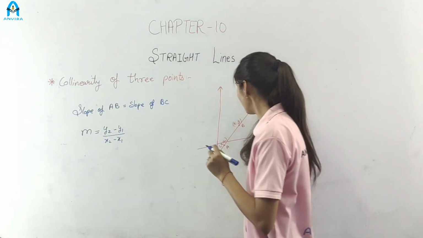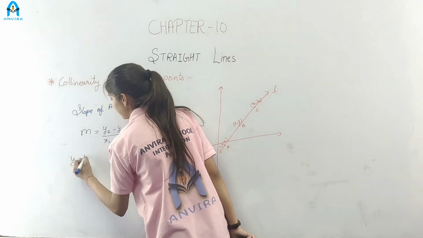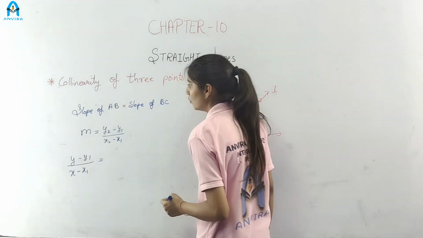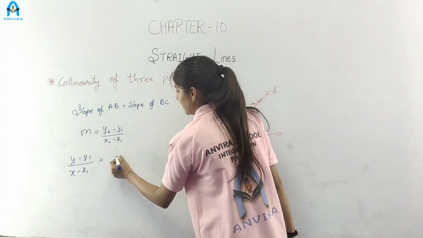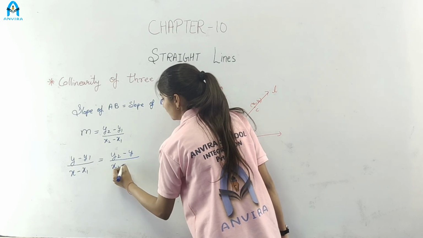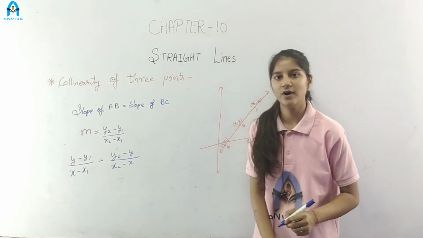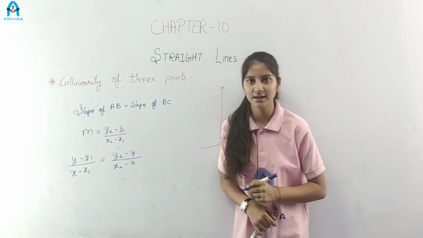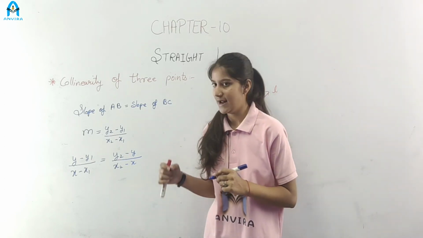So the slope of AB will be y minus y1 upon x minus x1, and the slope of BC is given by y2 minus y upon x2 minus x. If the slope of AB is equal to the slope of BC, then we can say that the 3 points are collinear. So I hope you all get that.